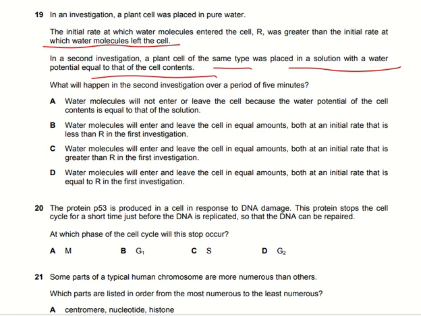So what will happen after a period of 5 minutes? The water molecules will enter the cell and leave the cell at the same rate, because the water potential in both the solution and the cell contents is the same. So we can say option B here is the right answer.